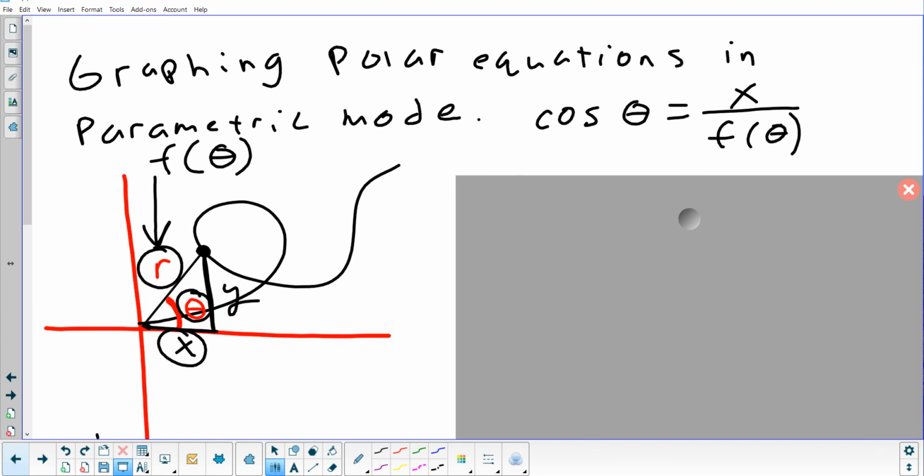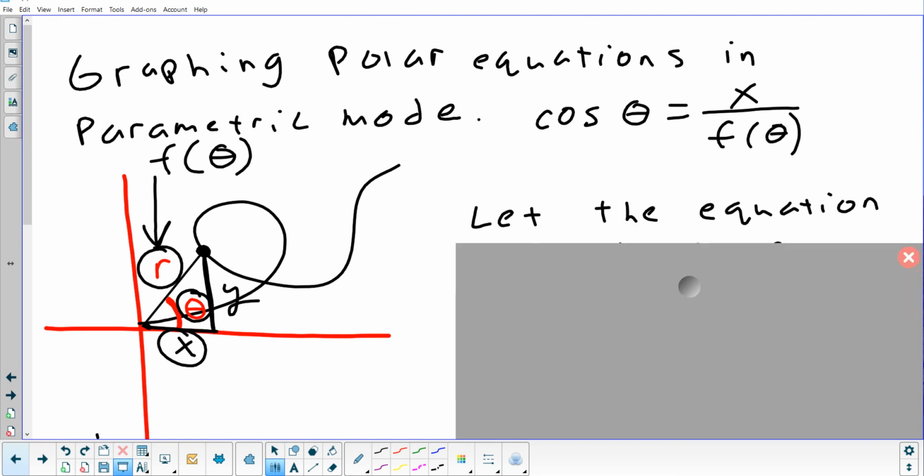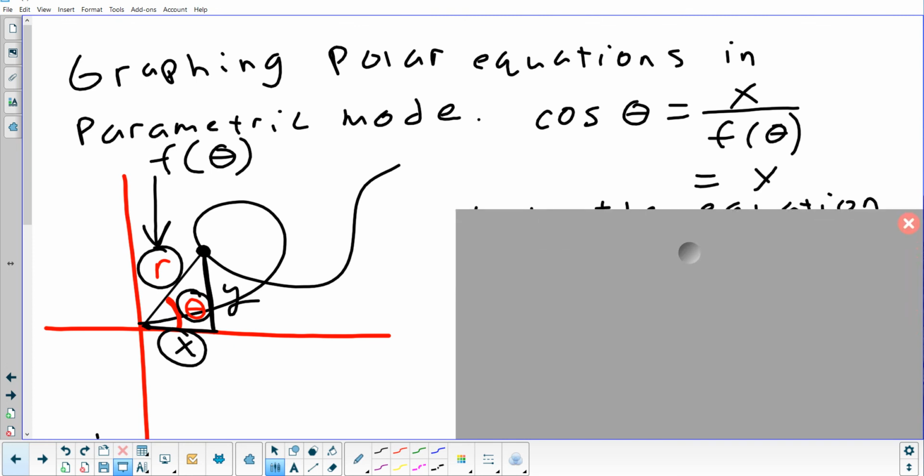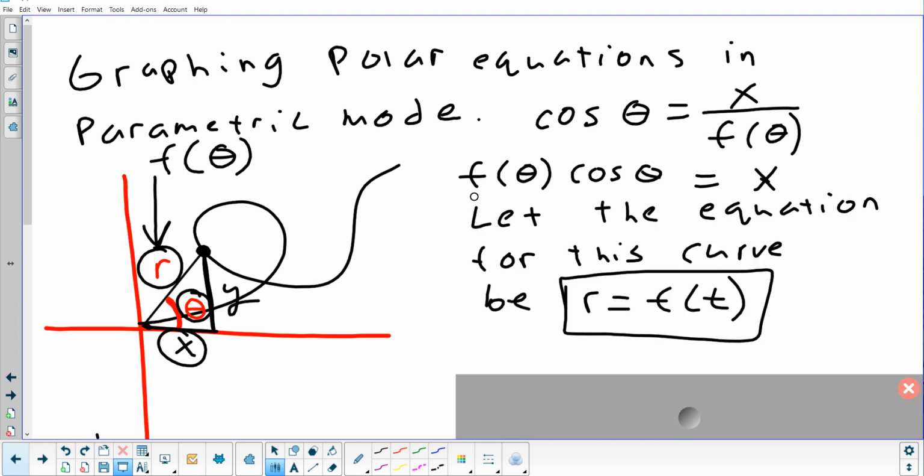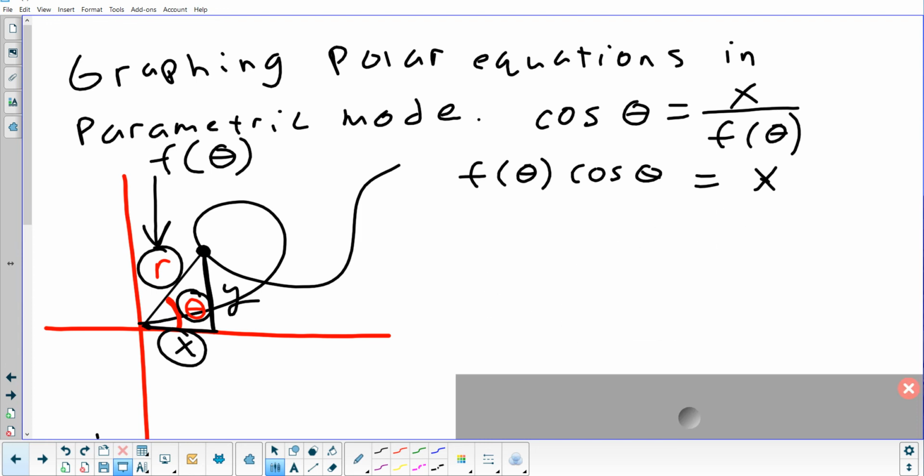And now we've got to get x by itself. So x would equal some function in terms of theta that's going to calculate your radius times the cosine. And then what would y equal?